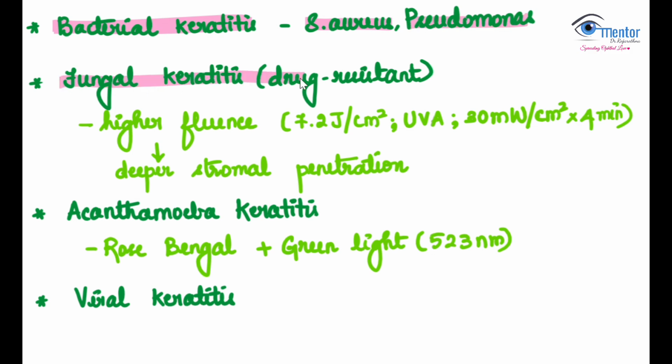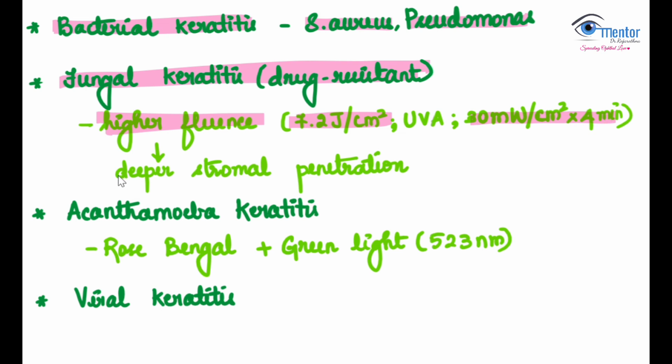Now, in fungal keratitis, they've tried it in drug-resistant cases with different kinds of results. This worked only with a higher fluence, meaning 7.2 joules per square centimeter was delivered with 30 milliwatts per square centimeter for a period of 4 minutes.